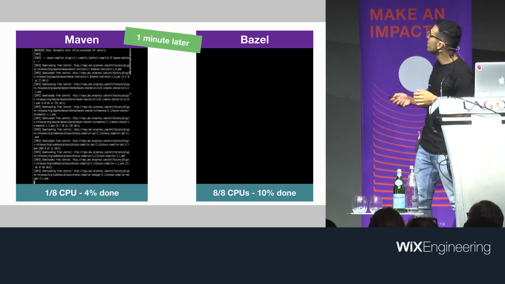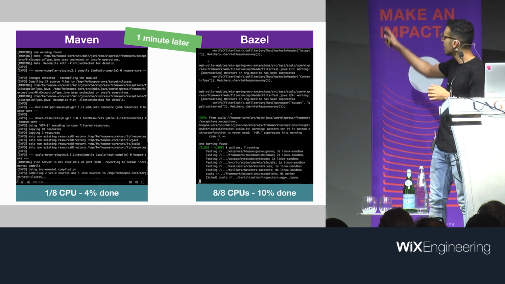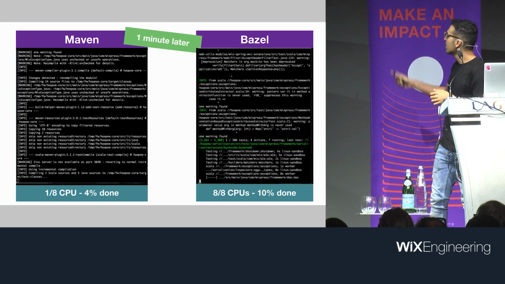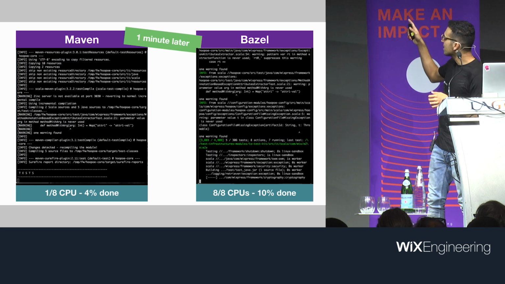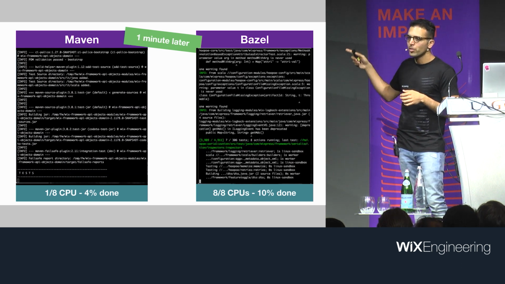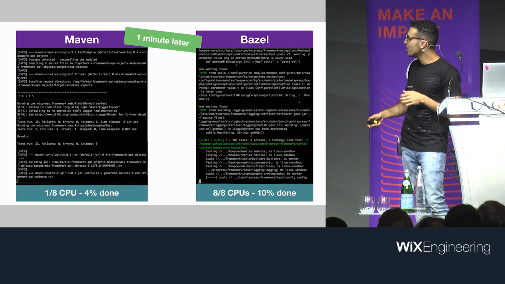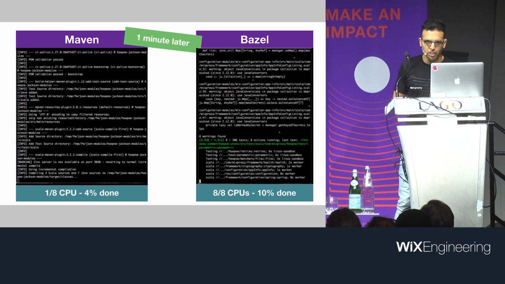If I jump only 1 minute later, you can see that Bazel now utilizes all 8 cores of the machine, running unit tests side by side with end-to-end, and building some other units. And Maven is barely on the 6th module out of 207. So Maven is only 4% done, while Bazel is already 10% done building the project.